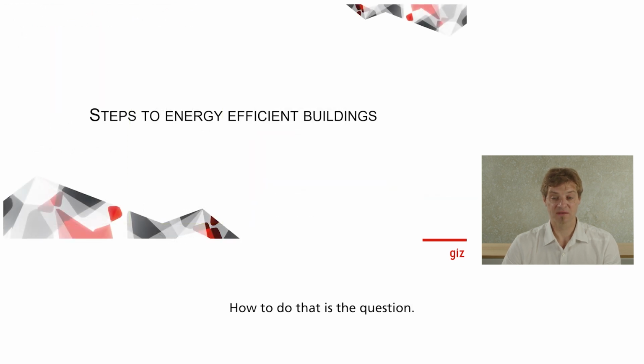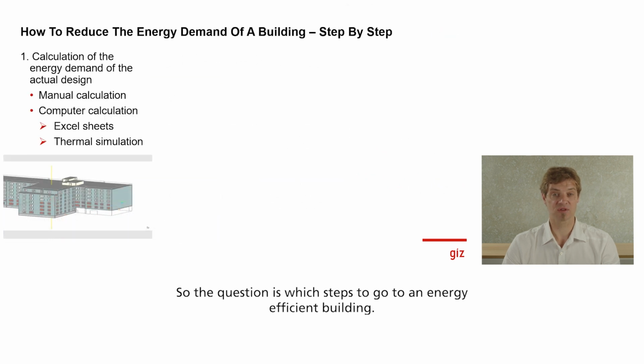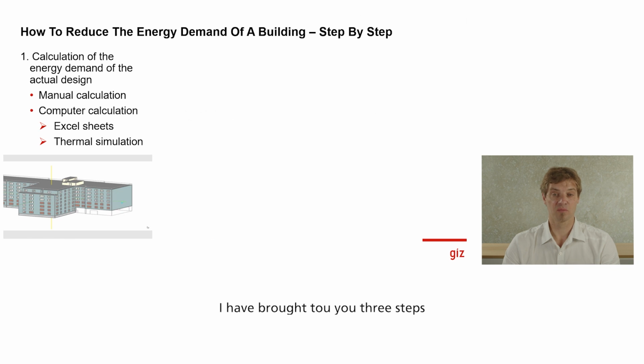How to do that is the question, and this is also what we are doing in the next few slides. So the question is steps to energy efficient buildings. How do we do that? And I have brought you really 3 steps in order to bringing that to real life.